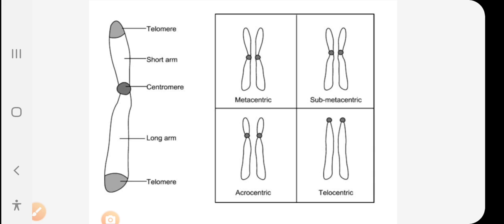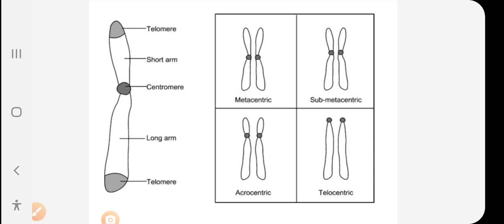The second type is acrocentric, where the centromere position is just near the apex, subterminal, just below the apex of the chromosome. Here the chromosome has only a very short arm and a very long arm. This is known as an acrocentric chromosome, and it also looks like a rod shape in the anaphase of cell division.